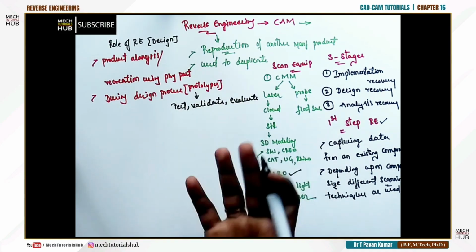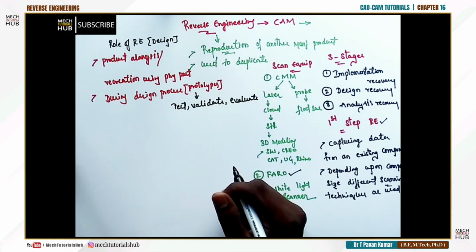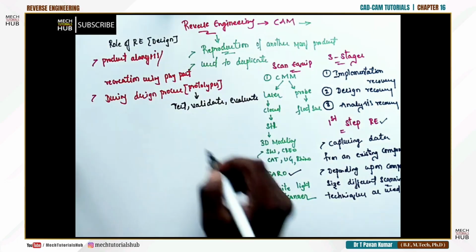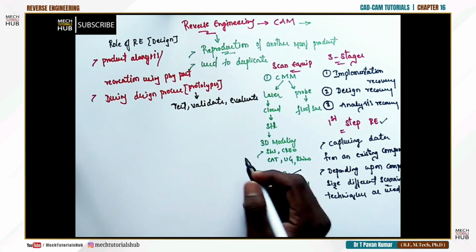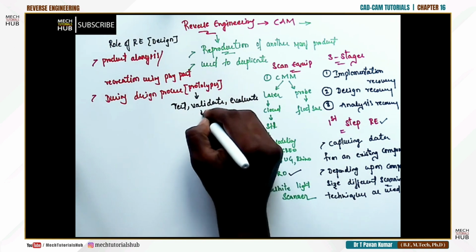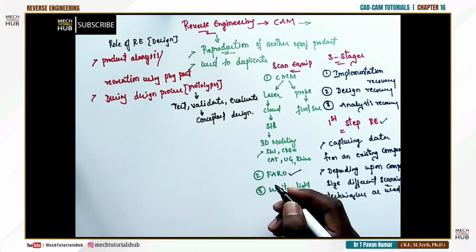In the same way, we check whether the component we are going to prepare through reverse engineering will behave properly. These are all done at a level called conceptual design.